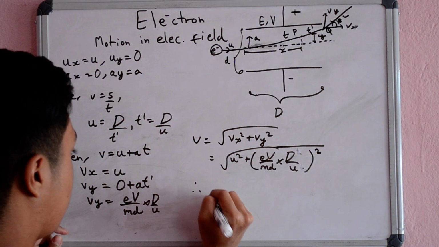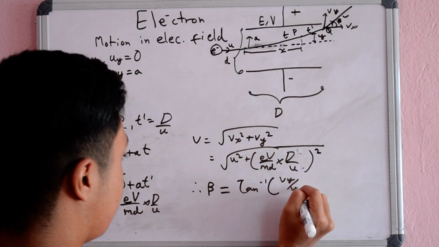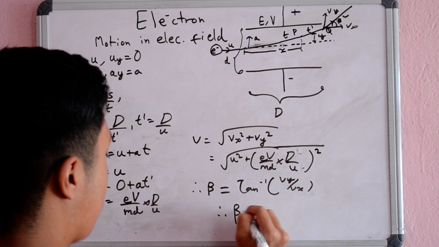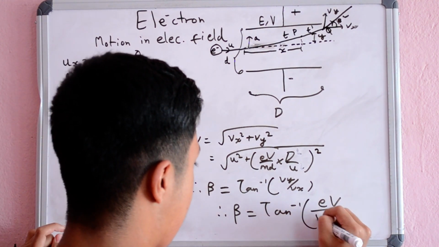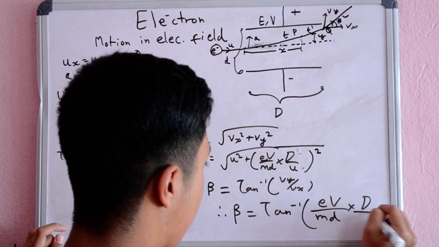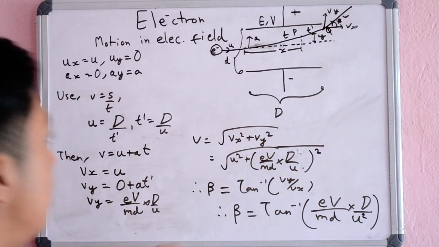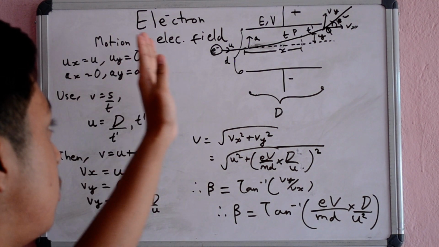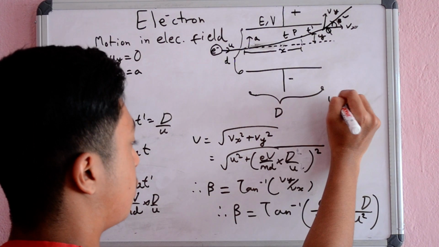And also the angle is equals to tan inverse vy by vx. So therefore the angle of projection is tan inverse of eV by md into d by u square. This is it for the motion of electron in electric field. Remember that if it just grazes, then y is equals to d by 2.